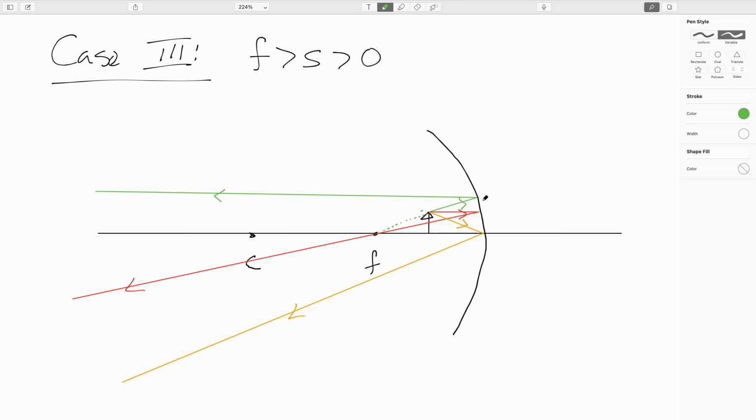So what you do is you backtrack, and I like using long dashed lines for this. You backtrack the reflected rays to see where they're coming from. This one is originating from some point somewhere on here. We don't quite know where yet. And we'll just go ahead and backtrack the others.